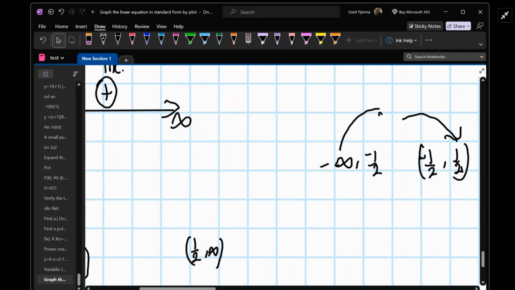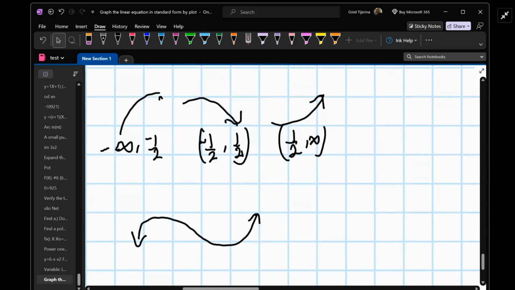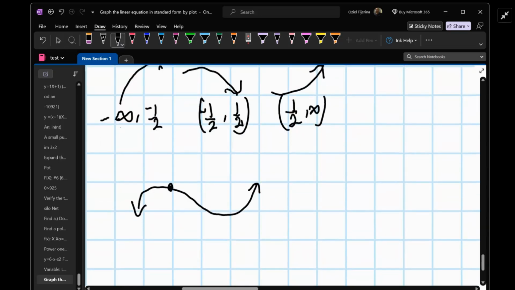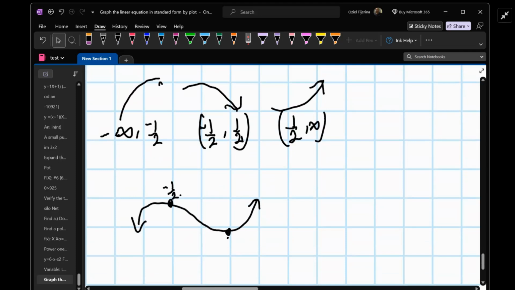So it goes from decreasing to increasing again. This critical point is at -1/2, and then it goes decreasing and then increasing, so this critical point would be at 1/2. I hope that makes sense, because you can see how it goes from decreasing to increasing.